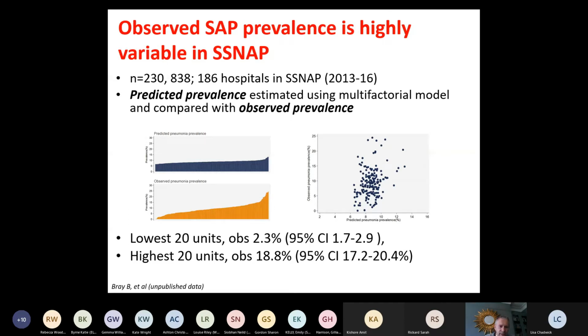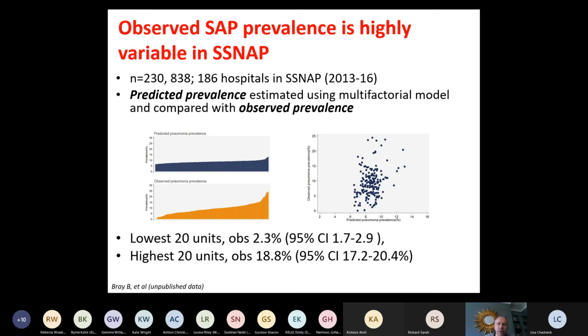So that is observed SAP prevalence. And you can see from the orange figure that there's quite a large range of variations. So some units are right down near sort of 0, 2 or 3 prevalence, and others are up near 25%. So observed prevalence is enormously variable between units across the UK.